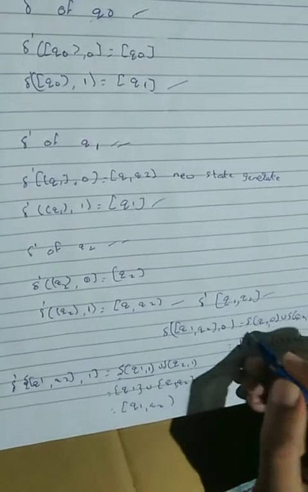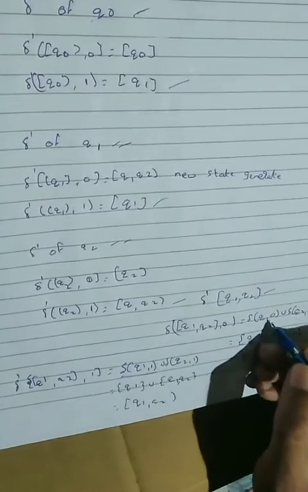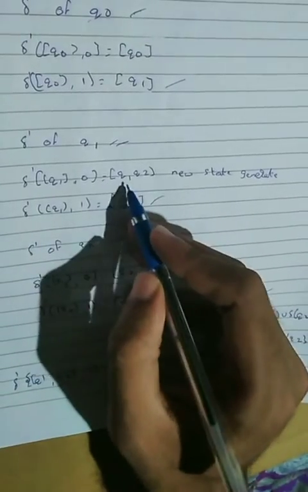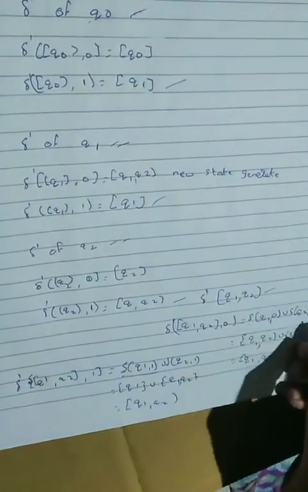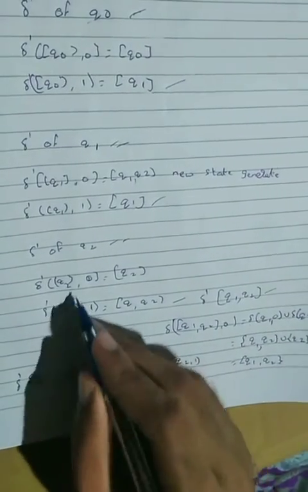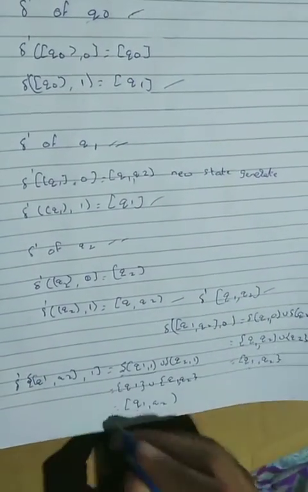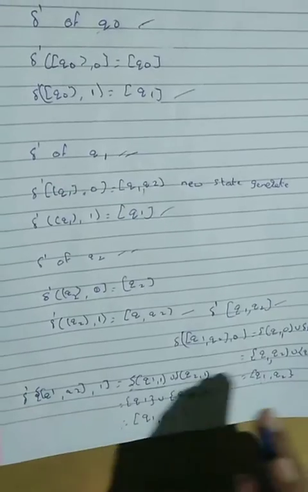Same procedure: delta of Q1 comma 0 is Q1, Q2, and Q2 comma 0 is Q2. So we get the transition states here.